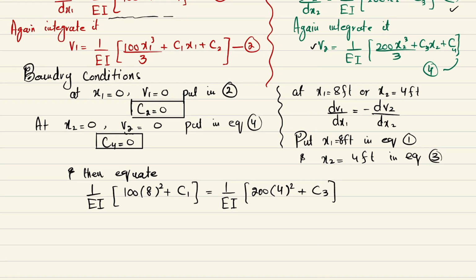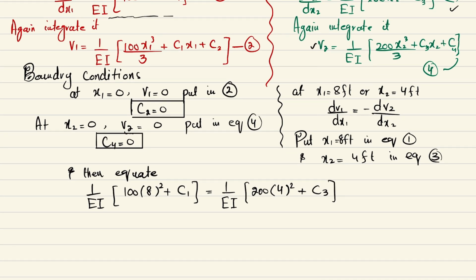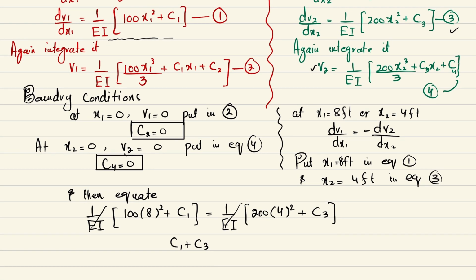The EI will cancel and you will get the final equation c1 plus c3. There is a negative sign over here as well. So c1 plus c3 will be equal to minus 9600. This is your equation number 5.